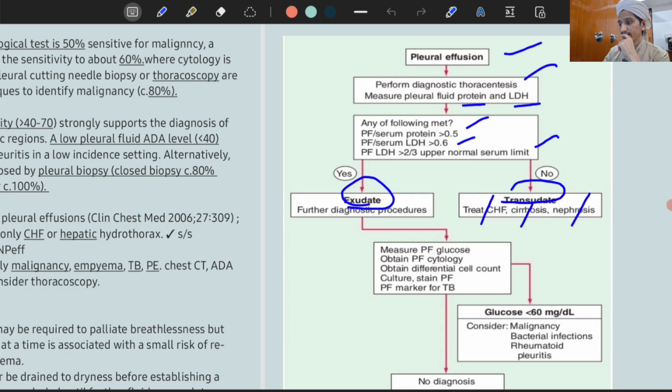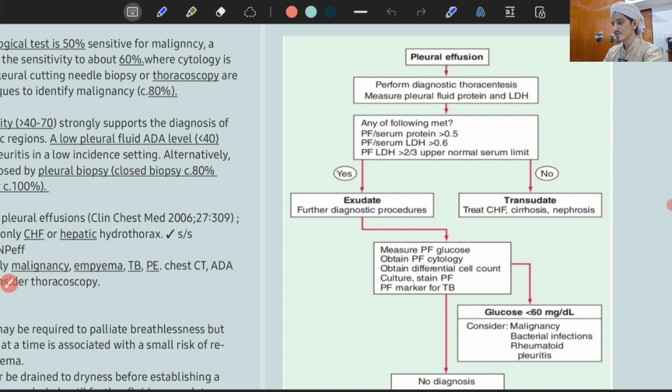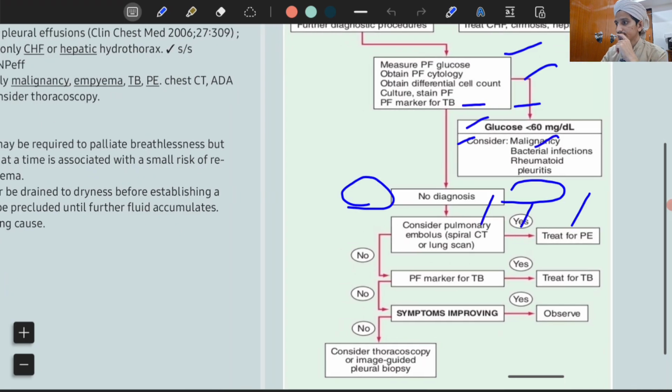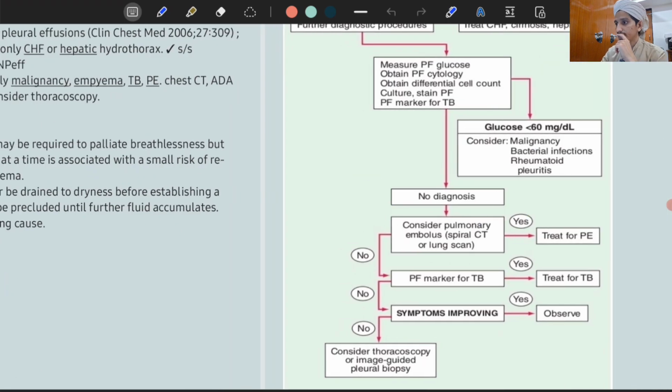Okay, exudate, now you know that it is exudate. Further things you will do: if it is exudate, then you will measure the glucose, cytology, differential count, culture, staining along with acid fast staining, and PF marker for tuberculosis, which is nothing but ADA levels.